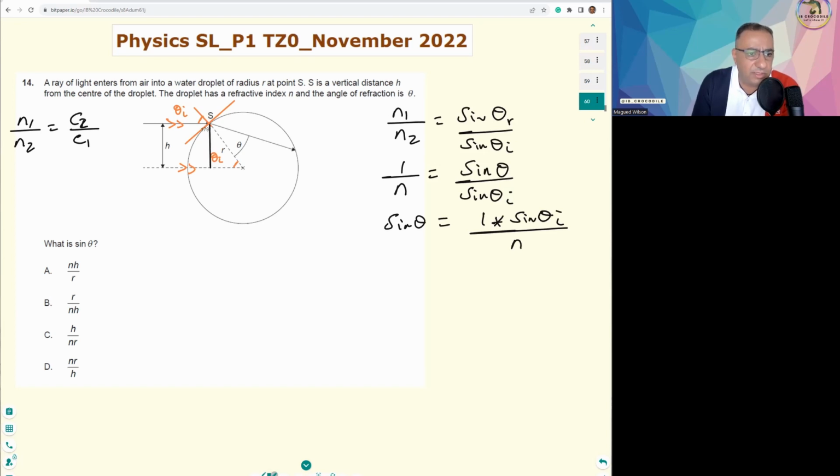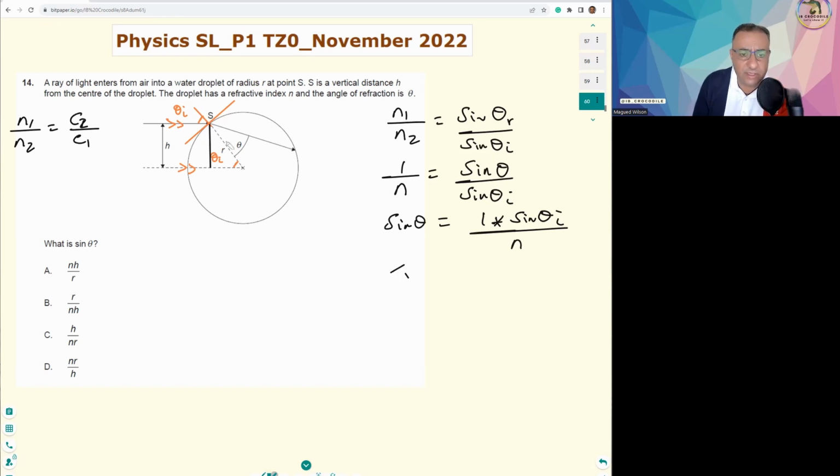This will be a right angle triangle, and sine is opposite over hypotenuse. So sine theta i, you agree with me, will be this side divided by that side, so h over r, opposite over hypotenuse.